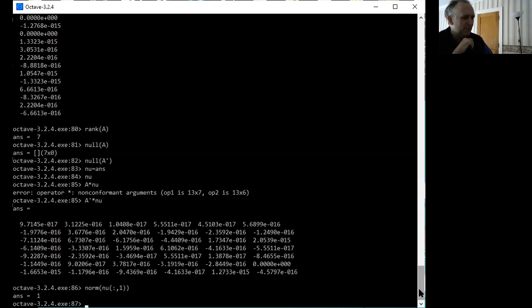Feels like a while. I think let's use a smaller matrix to do this little experiment with.